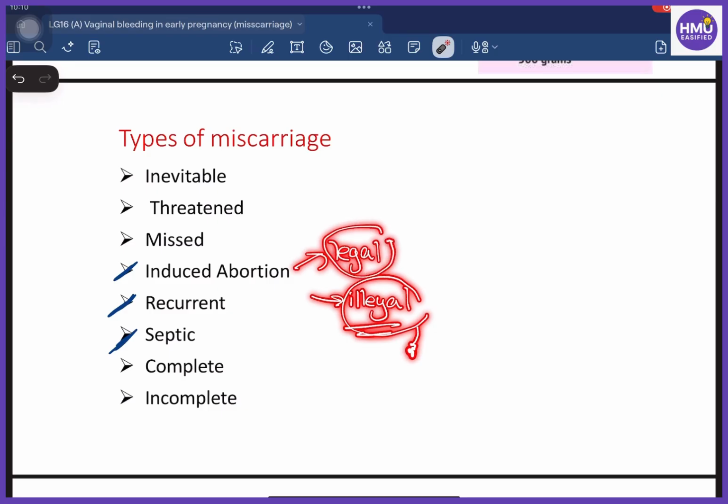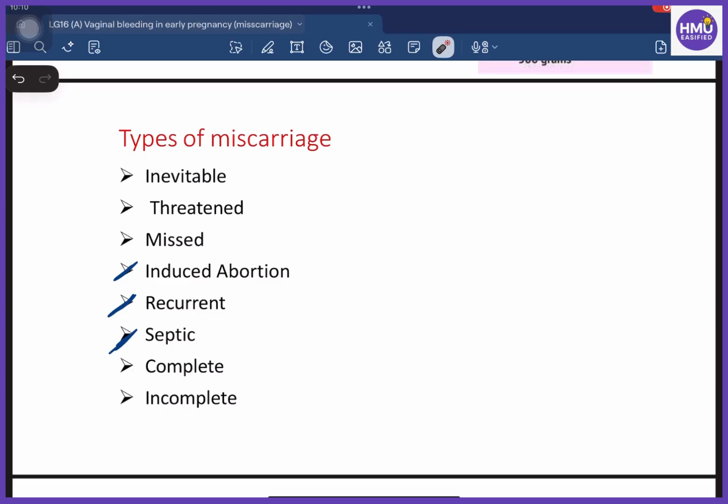Or legally, because there is danger to the mother, so we have to terminate this pregnancy, otherwise we will lose the mother. Or if the baby has a condition that is incompatible with life, we will induce abortion.